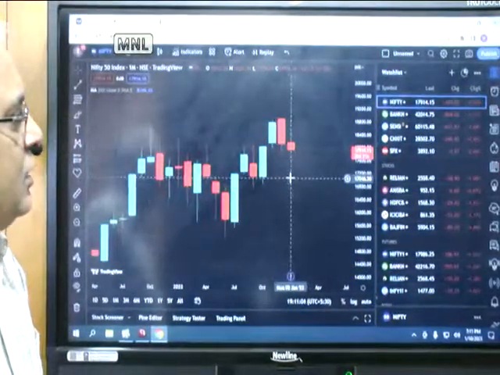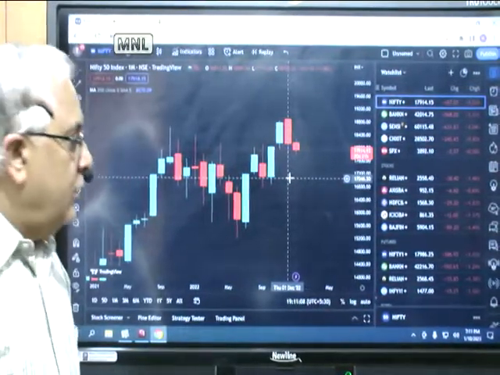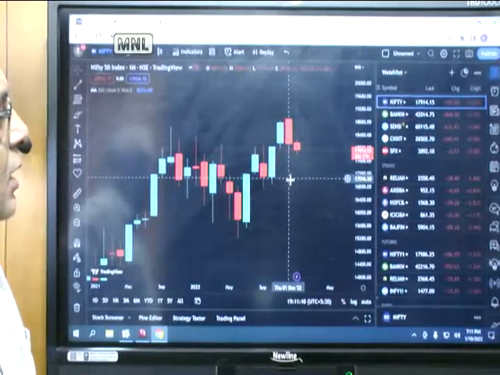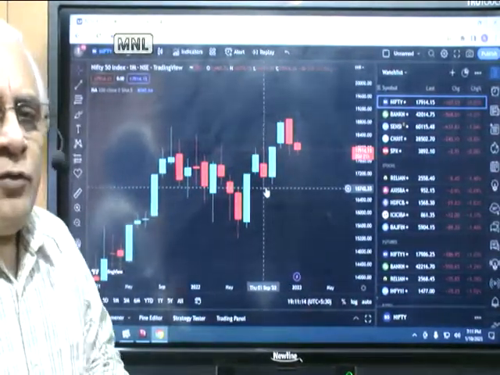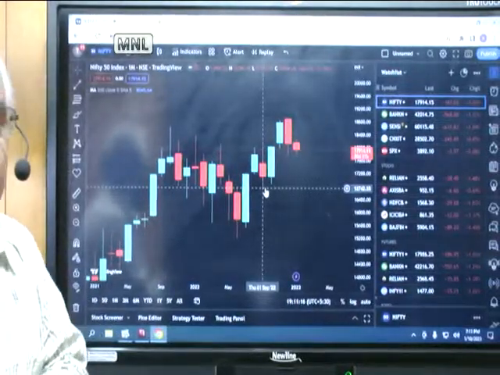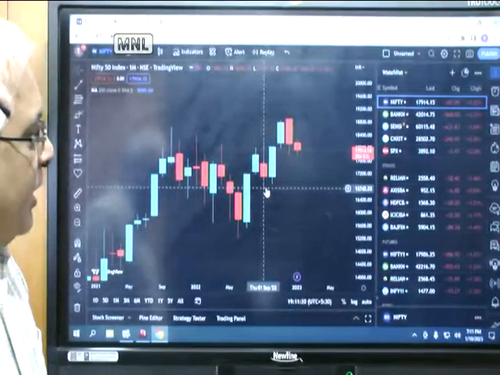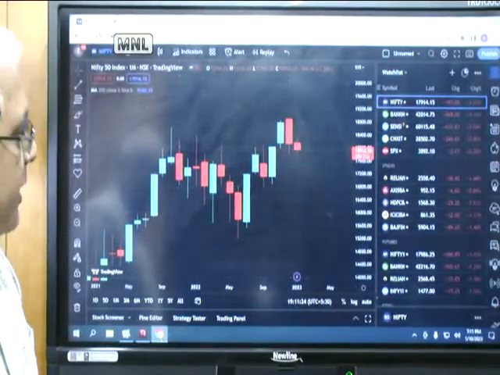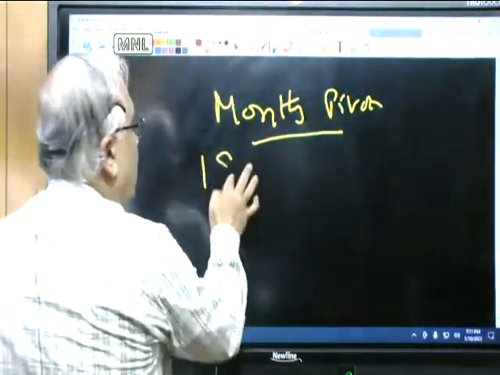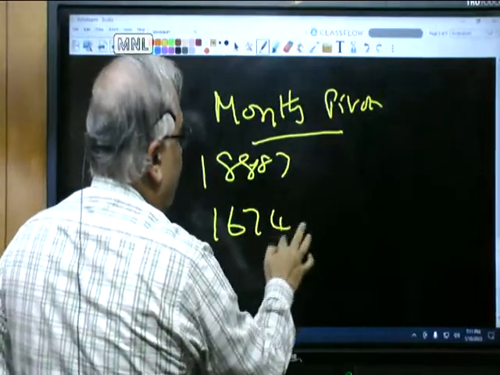This is the monthly Nifty chart. The last important low is this: 16,747. And the important high is 18,887.